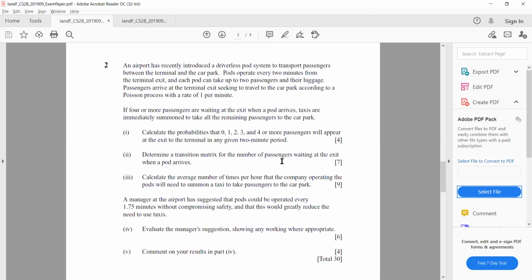Anybody else? Any other thing which you might have felt? It's fine if you go wrong. It's just about knowing, once you read the question, what exactly you get out of it. What could be the possible states? So, sir, this might not be very according to the concept, but in the first part they have asked us to calculate the probabilities for 0, 1, 2, 3, and 4 plus.